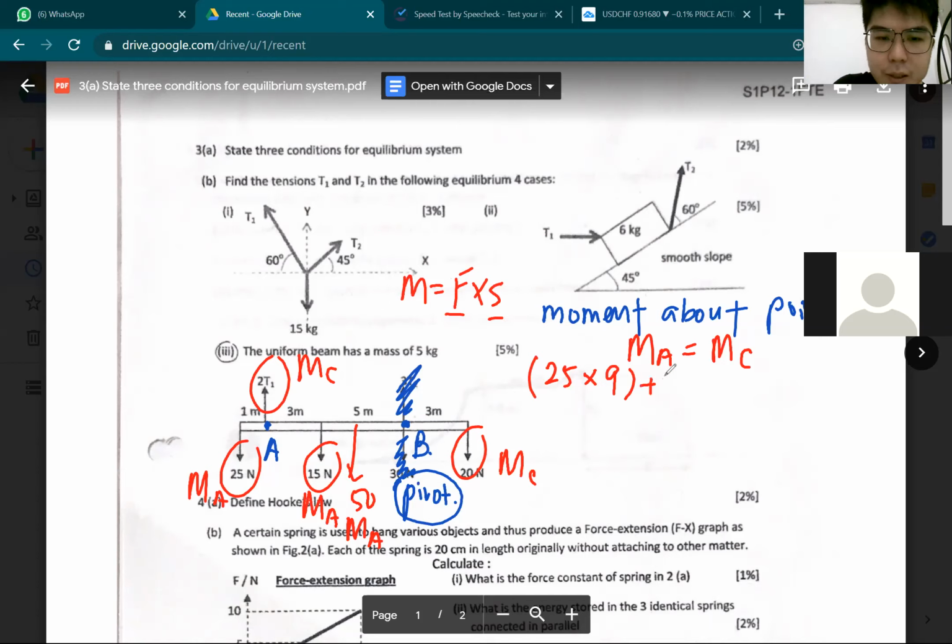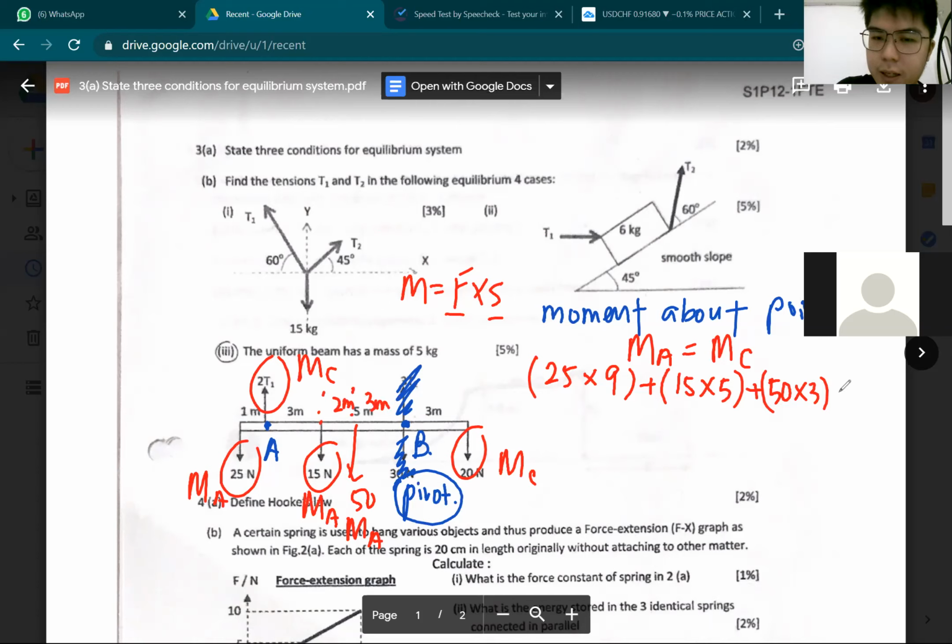Plus the second force, which is 15 times 5. And then plus the weight, which is 50 times 3 meters. We just now labeled here 2 m, and here 3 meters.